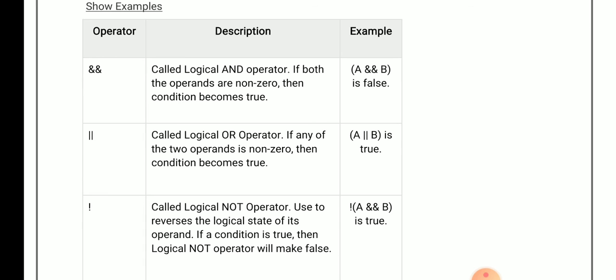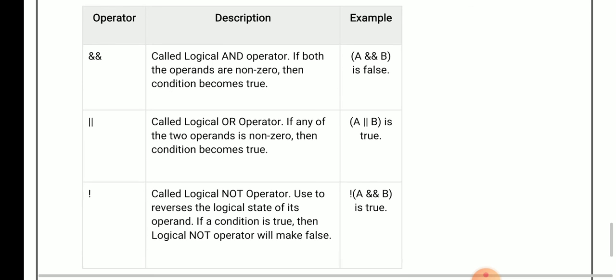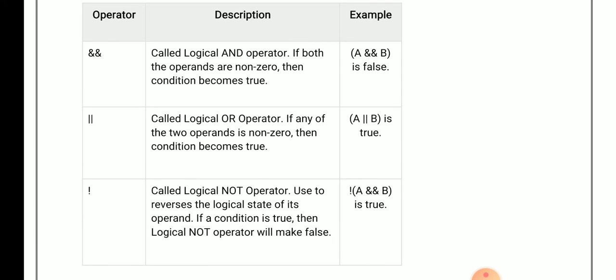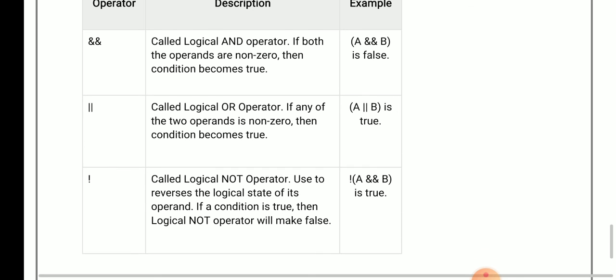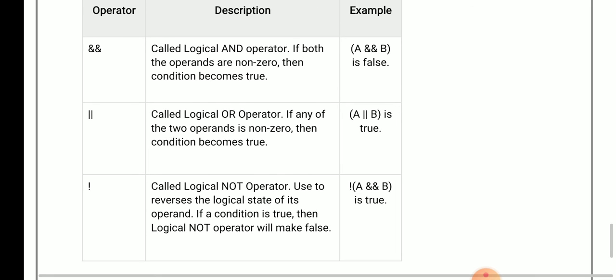In the case of the logical AND operator, it is necessary that both conditions are true. If both conditions are true, then it returns a true result. But in the case of the logical OR operator, if any one condition is true, then it returns a true value. And the NOT operator is used to reverse the logical state of the operand.